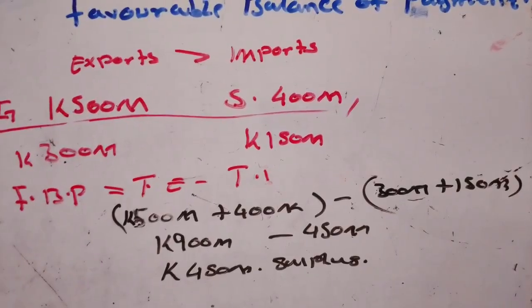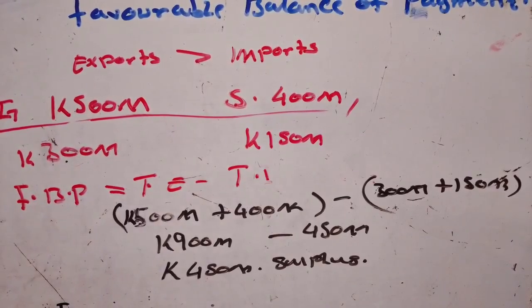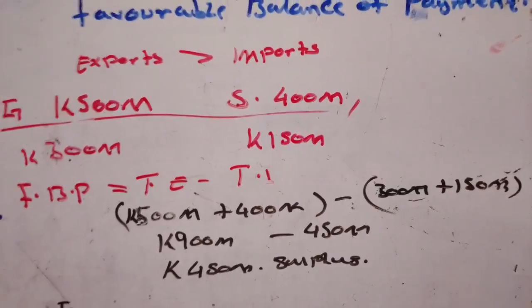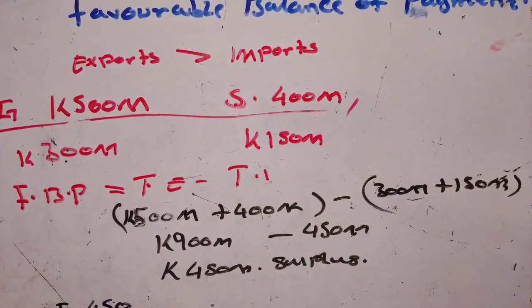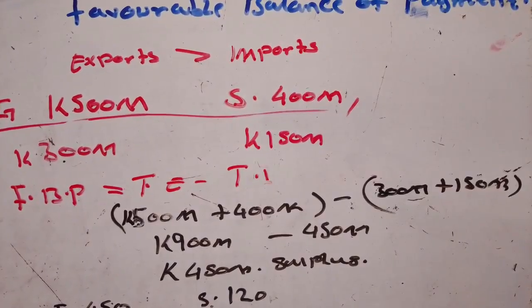So for example, if Zambia exports goods worth 450, so these are the exports, 450, and services worth 120, and imports goods worth 600.